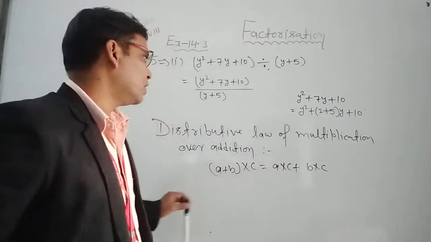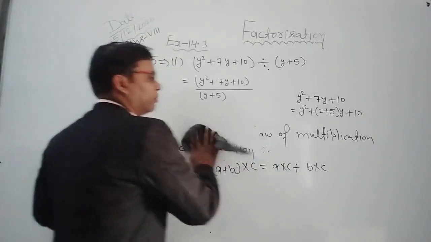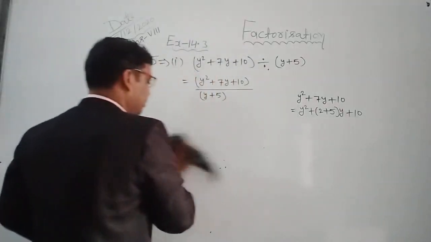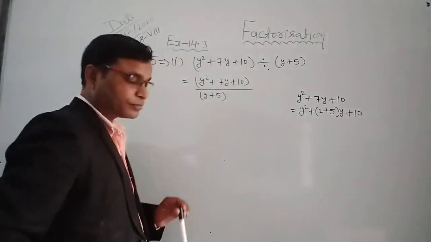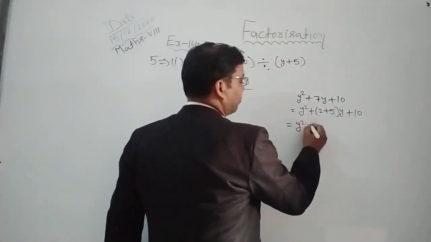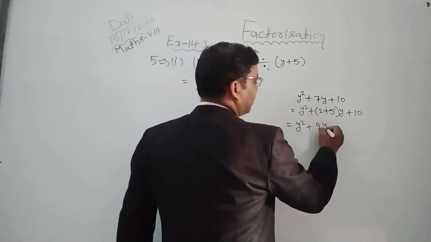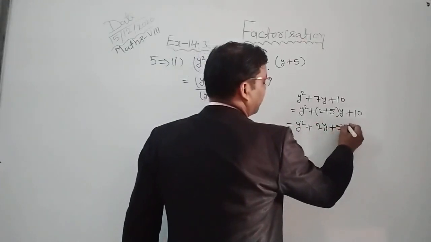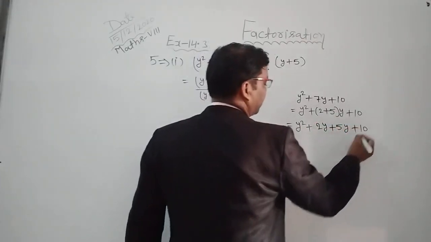According to this law, it becomes y square plus 2y plus 5y plus 10.